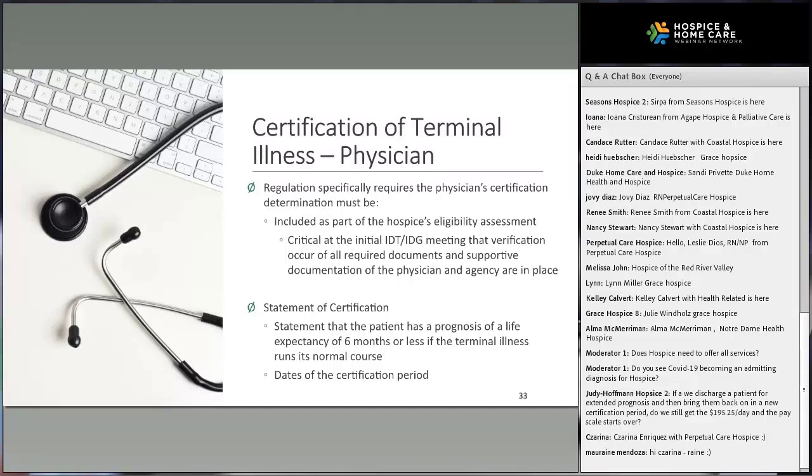You may have to go back and get some additional, but that's where the team focus comes in because they can look at everything. A statement of certification that the patient has a prognosis, as I mentioned, expectancy of 6 months or less if the terminal illness runs its normal course. And that oftentimes can be difficult for some attending physicians to decide that they want to say that.